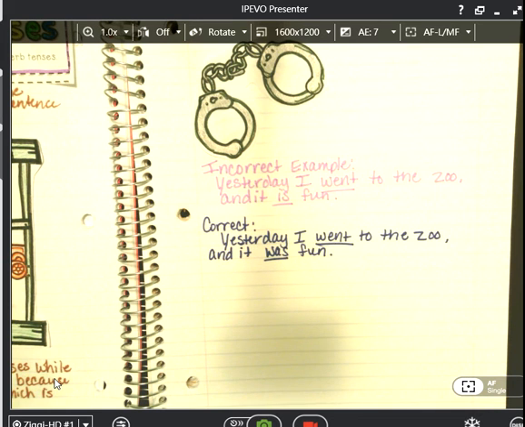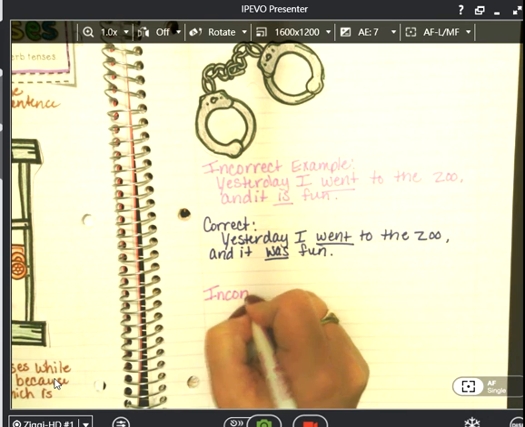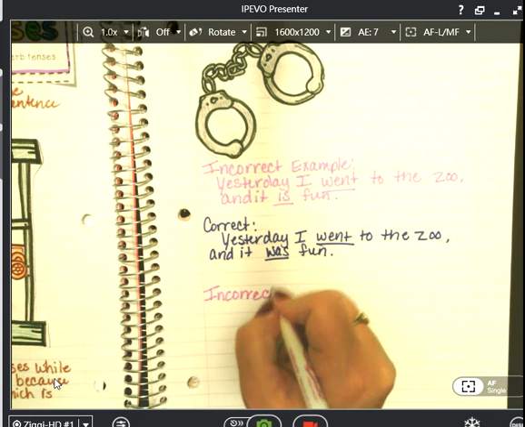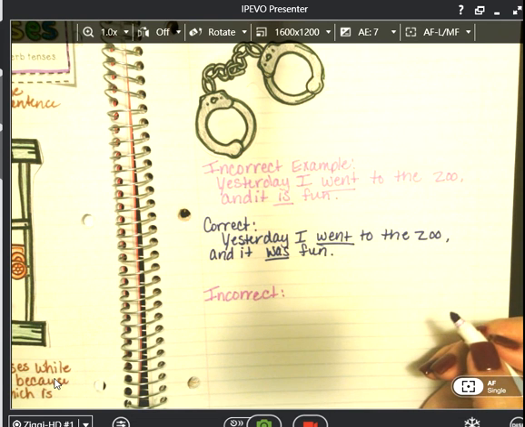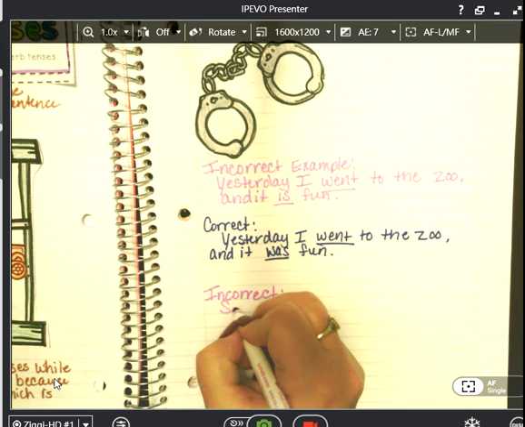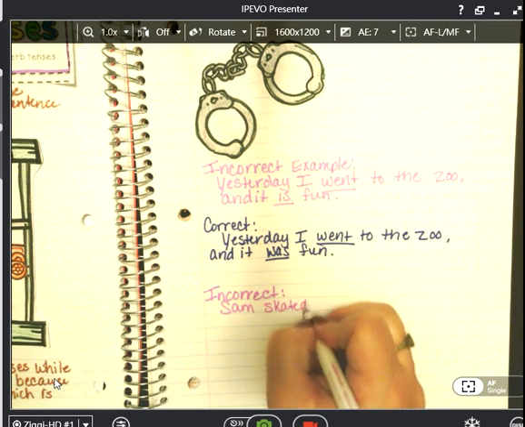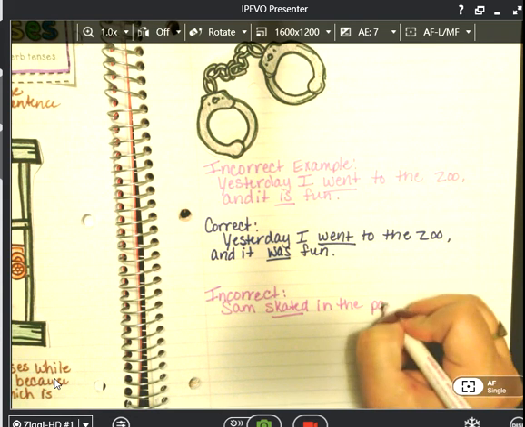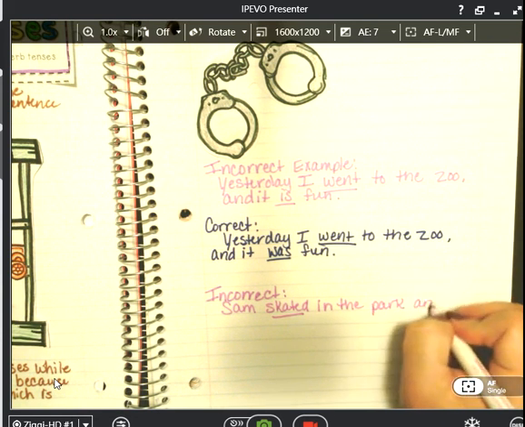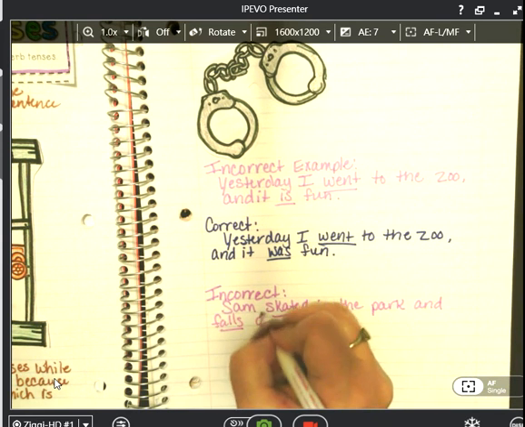Here's another incorrect example here. Incorrect. We could say, Sam skated in the park and falls down.